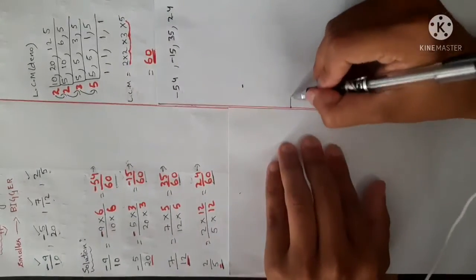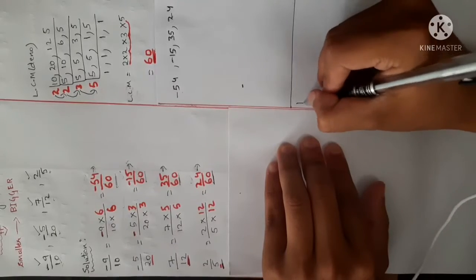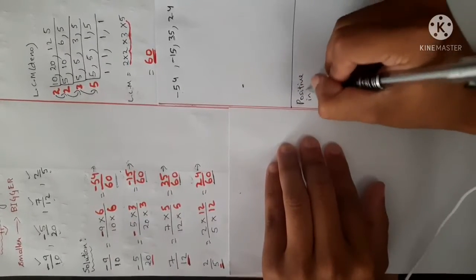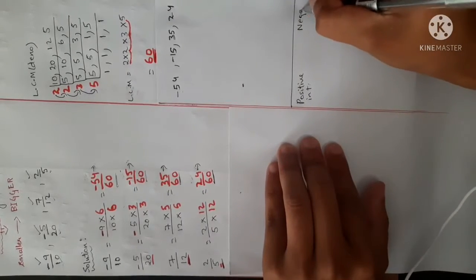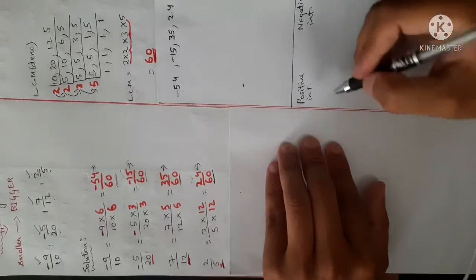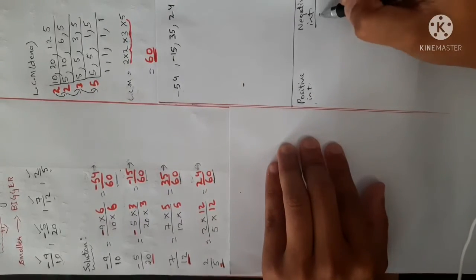Now remember, in any integers, the positive integer will always be greater than the negative integer. Which of these will always be the smallest? This will be the smallest, isn't it?